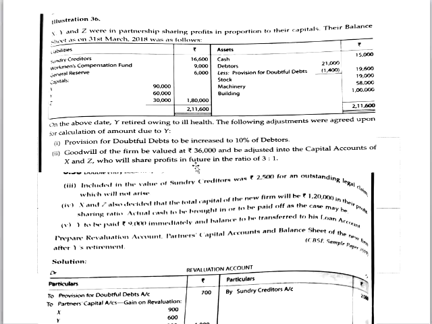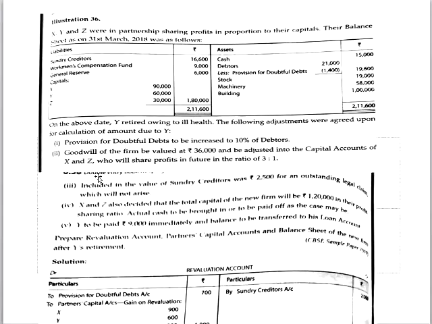Now the goodwill of the firm is valued at 36,000 and is to be adjusted into the capital accounts of X and Z, who will share future profit in the ratio of 3:1. It means that you have to find out the retiring partner's share, and then in the gaining ratio X and Z will bear the amount of goodwill.